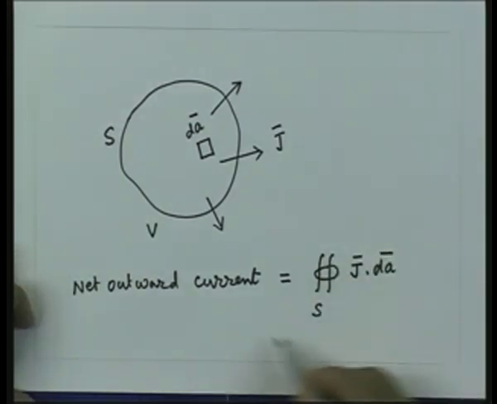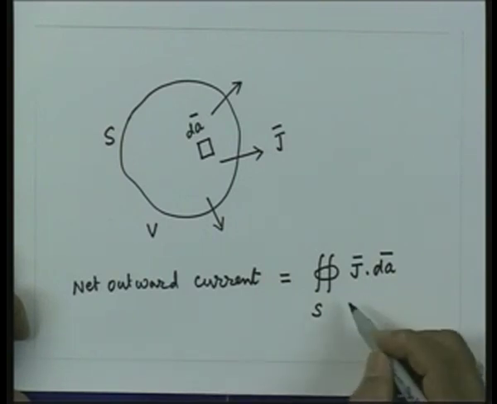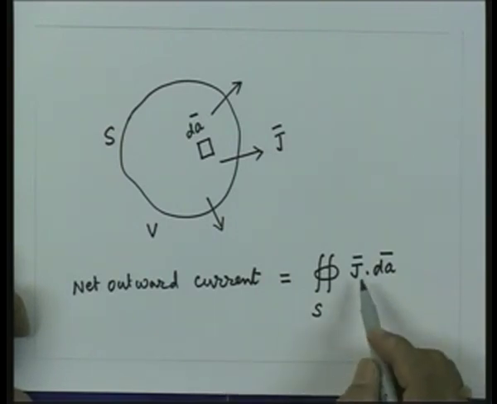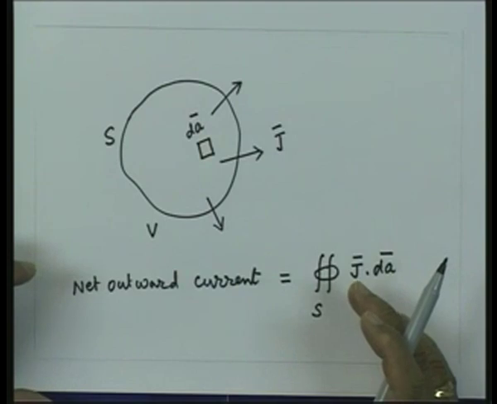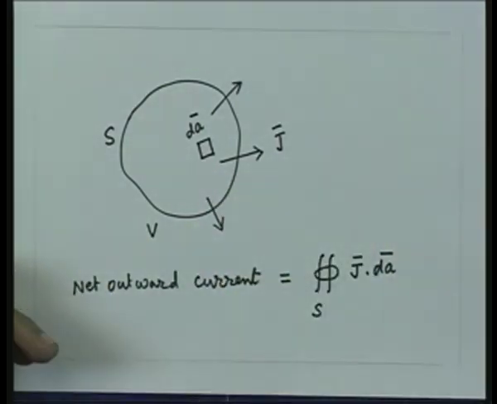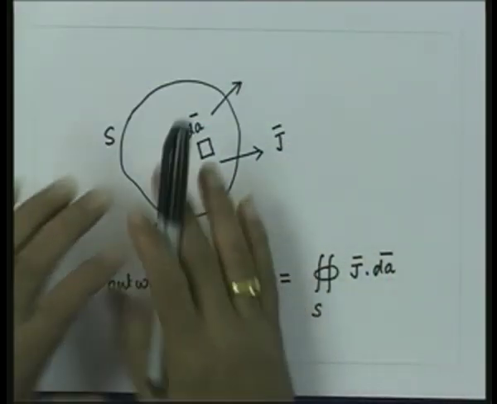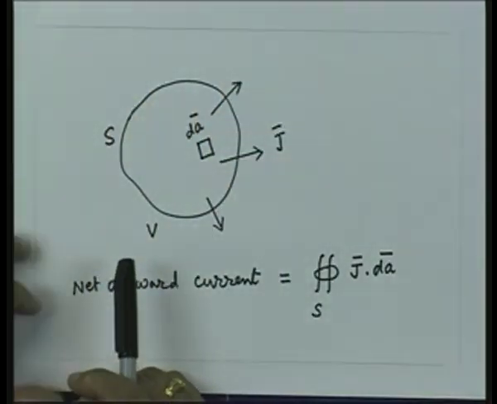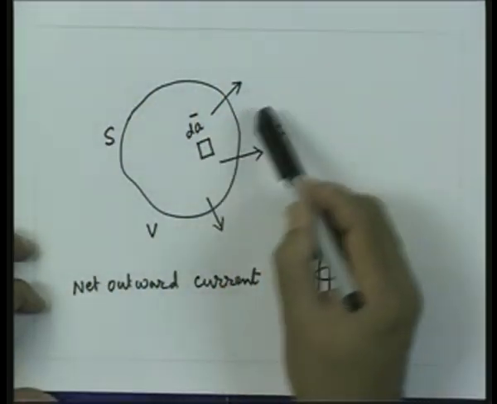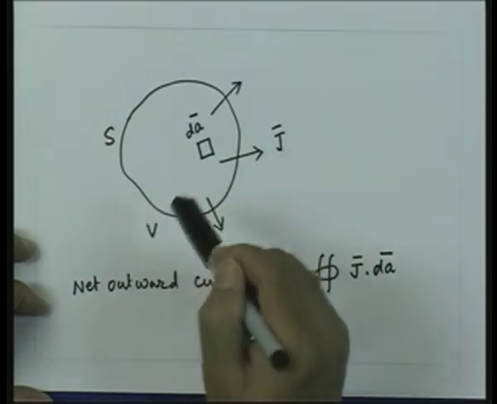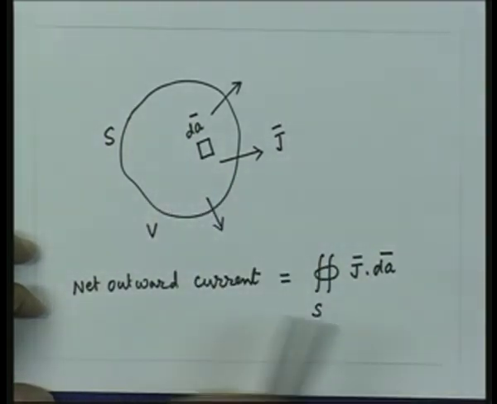So, this integral, as we saw earlier also, represents the total current coming out of this surface, and as we know, the current is nothing but the rate of change of charge, and since this current is coming outward from the surface, it should be equal to the rate of charge from this volume, and since the current is coming outwards, the net charge must be decreasing inside this volume.